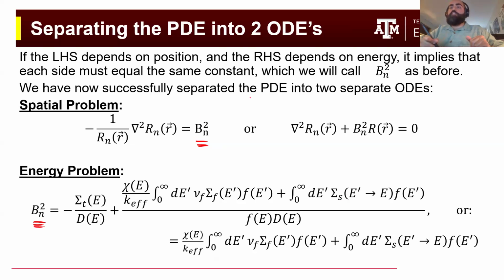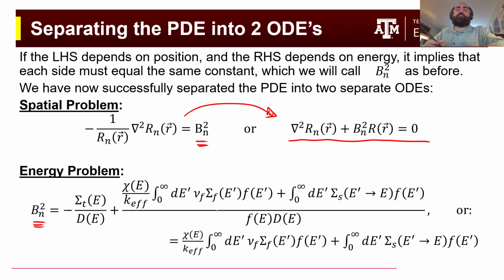If we rewrite the space equation by multiplying both sides by the spatial shape function and then moving everything to one side, we get this as our spatial eigenvalue problem. And then on the energy side, this is what our equation looks like.